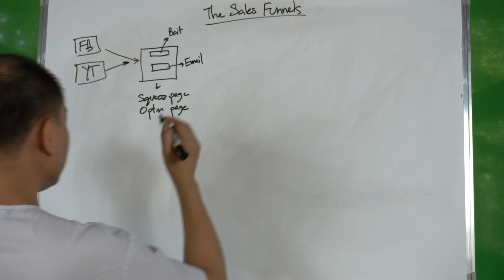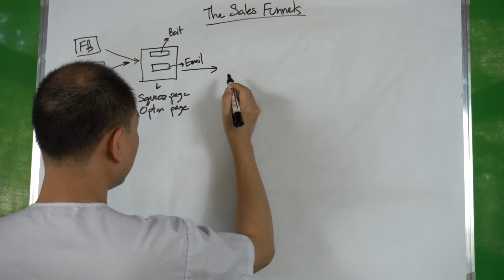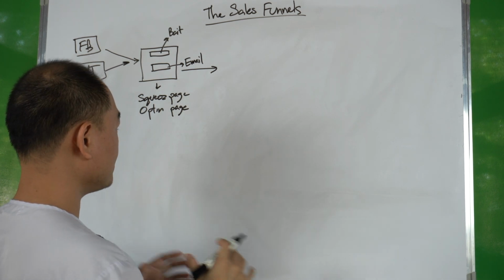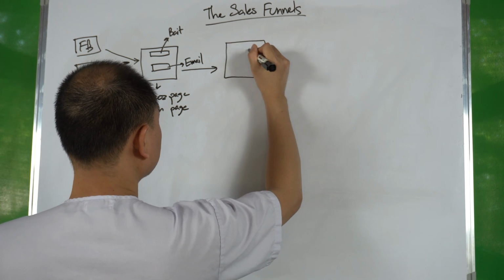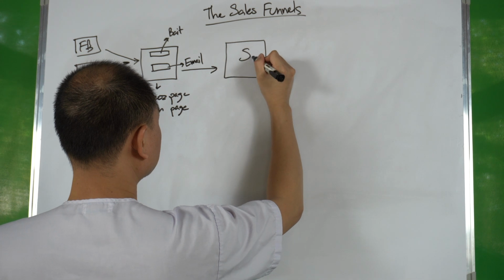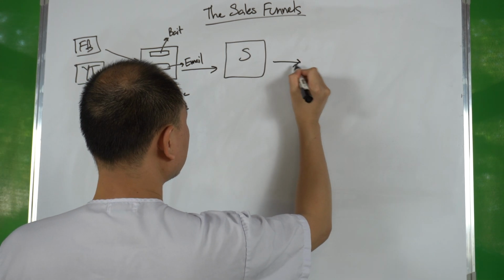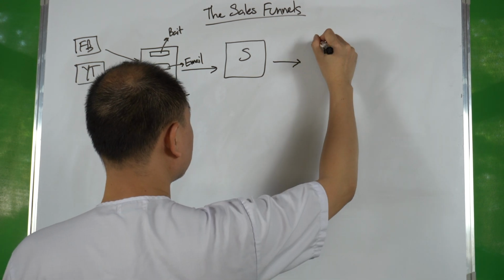And after they opt into your email, you can lead them to the sales page. This is the simplest form of affiliate marketing first. I'll just put the sales page as an S, okay? And then hopefully once they buy, you can get the money here.